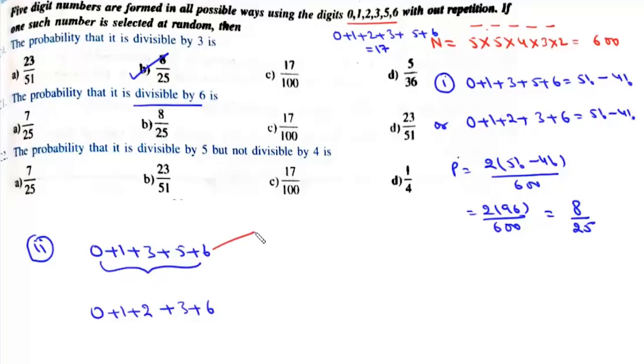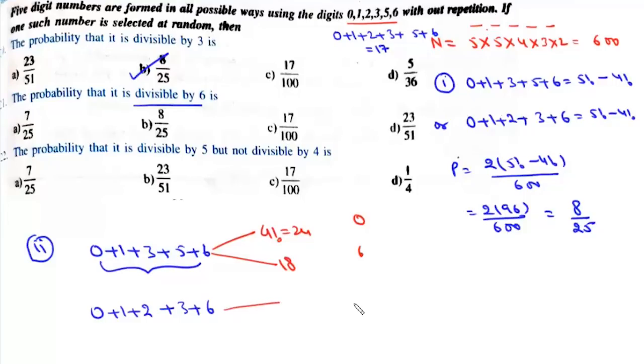We have this first case when the number ends with 0. If the number ends with 0, then the number of such numbers is factorial 4, and if the number ends with 6, then it'll be factorial 4 minus factorial 3. Now factorial 4 is 24 and factorial 3 is 6, so there'll be simply 18. So it'll be 24 in this case and 18 in this case.